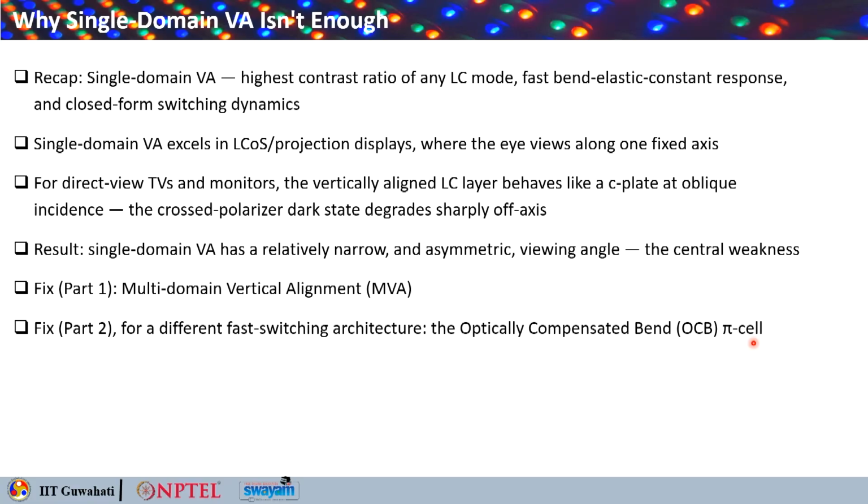First, the multi-domain vertical alignment, which fixes the viewing angle problem by splitting each pixel into multiple domains, plus the compensation film schemes used to further widen the contrast cone. And then secondly we'll talk about this fast switching architecture. This is a completely different fast switching liquid crystal mode called the optically compensated bend pi cell.